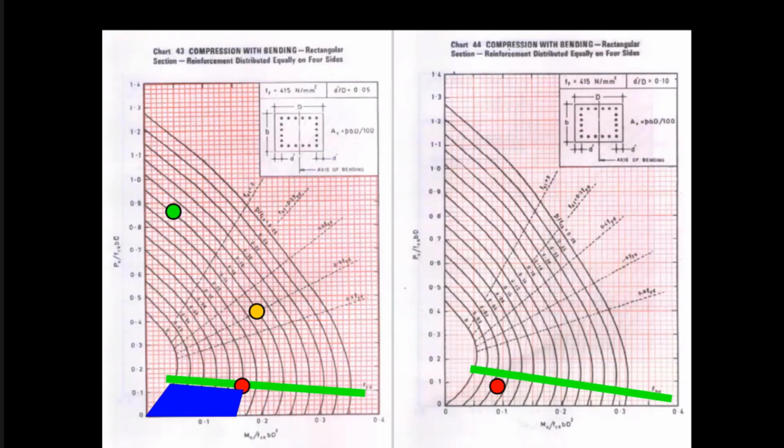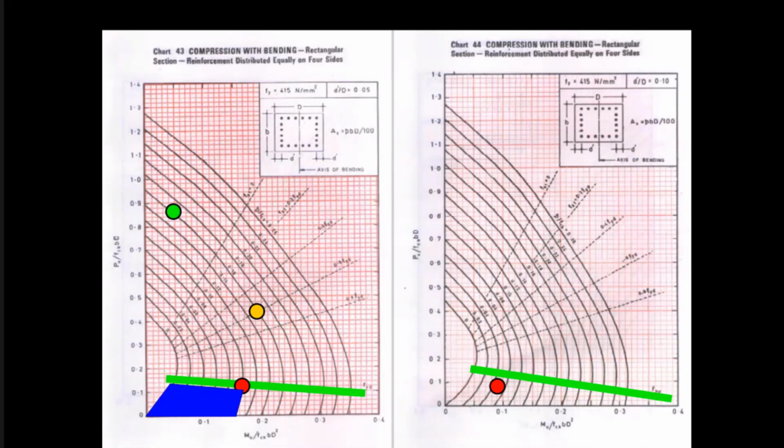So we have a green line here, and the green line says above the green line is all compression failure, which means brittle failure. Concrete will crush. And below the green line is where the ductile actions are. That means steel will fail. So if you really want seismic design of bridges, you should not be designing above the green line.